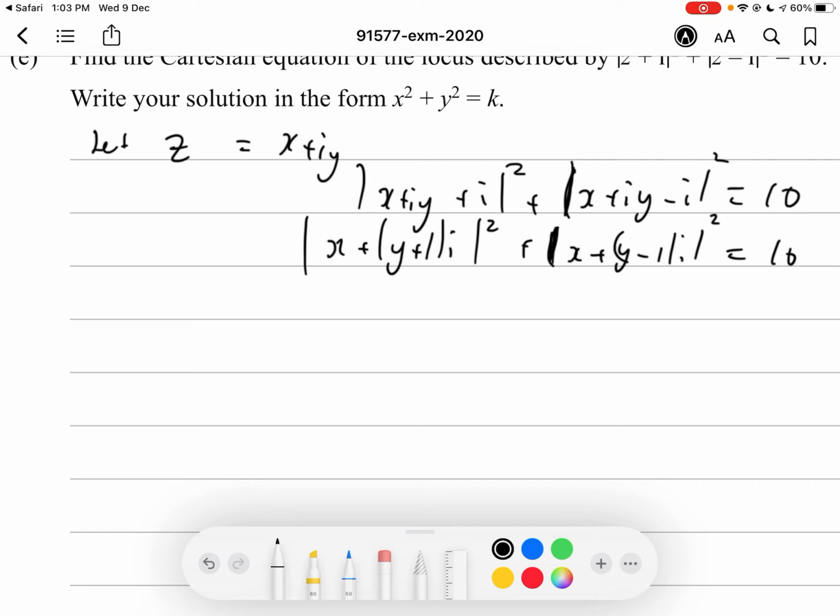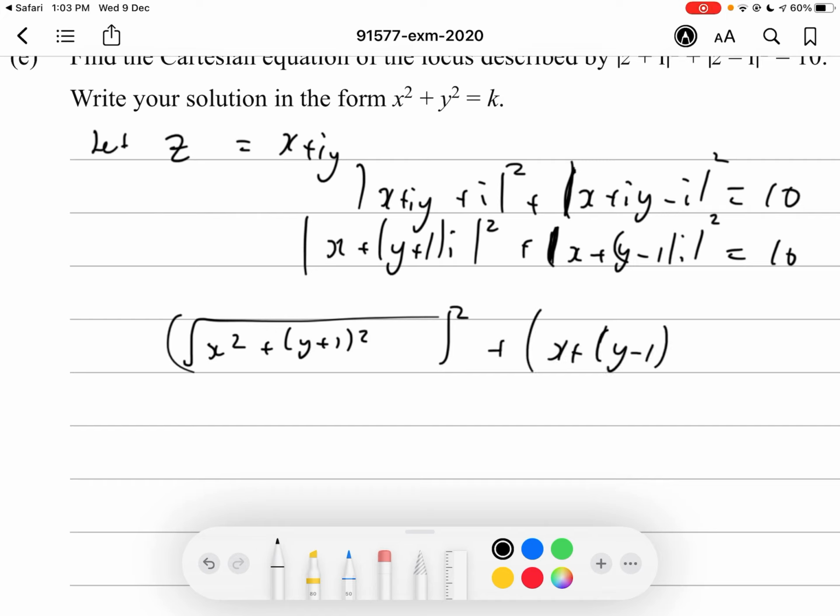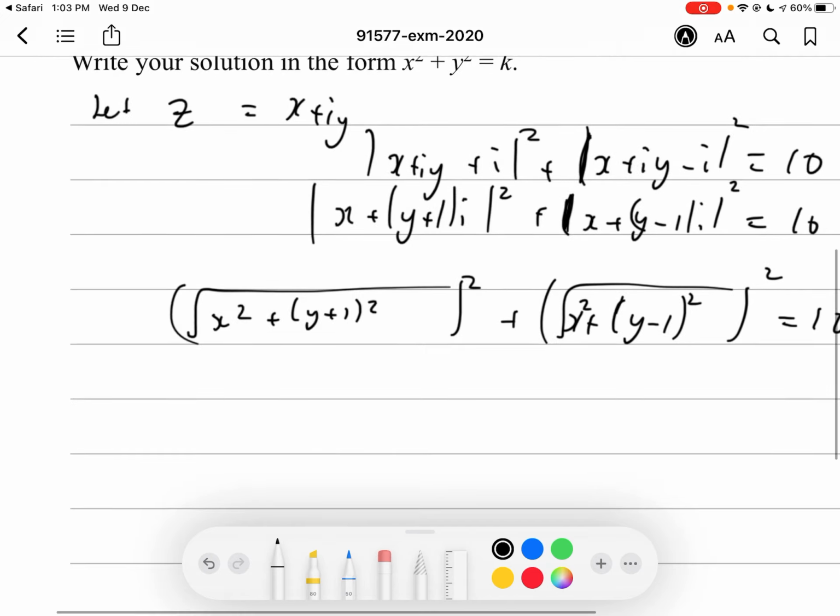So everything's squared, so therefore we have x squared plus (y plus 1) squared, plus x squared plus (y minus 1) squared equals 10. Okay, so there we go.